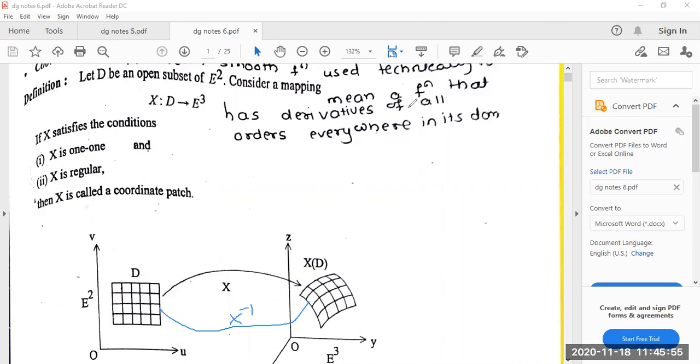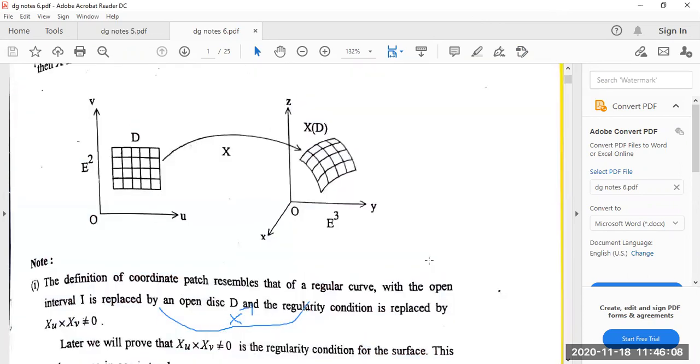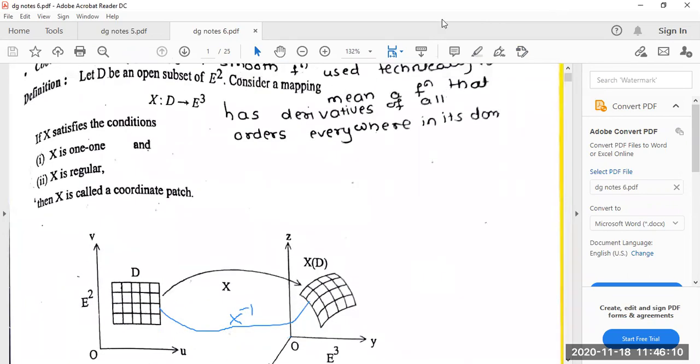So now we can have this inverse mapping from x of D to D. This inverse mapping, we have to show that it is continuous. Okay, so let us show how it will be continuous.